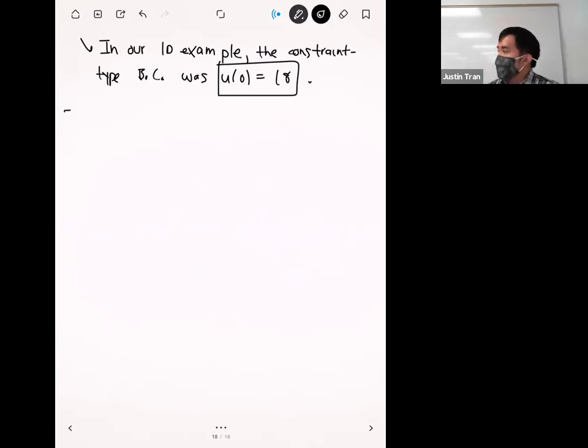Okay, so remember what I just mentioned on the previous page, that whenever you run a finite element simulation, you always need at least one constraint type boundary condition, right? And you can come up with a very simple physical reason why, at least for structural cases.